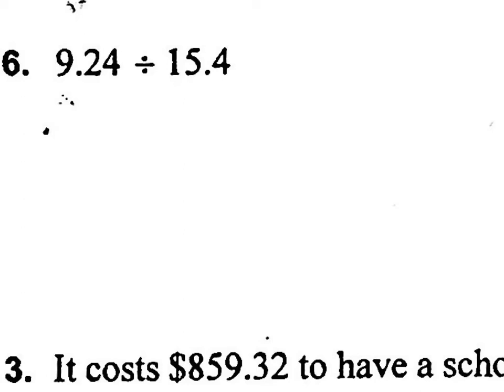Well, if you read the problem, 9 24/100 divided by, so this first number is always the one that goes underneath. It's being divided by 15 4/10. So again, go through our process, moving once here, bring it up into your answer, rewrite the problem.